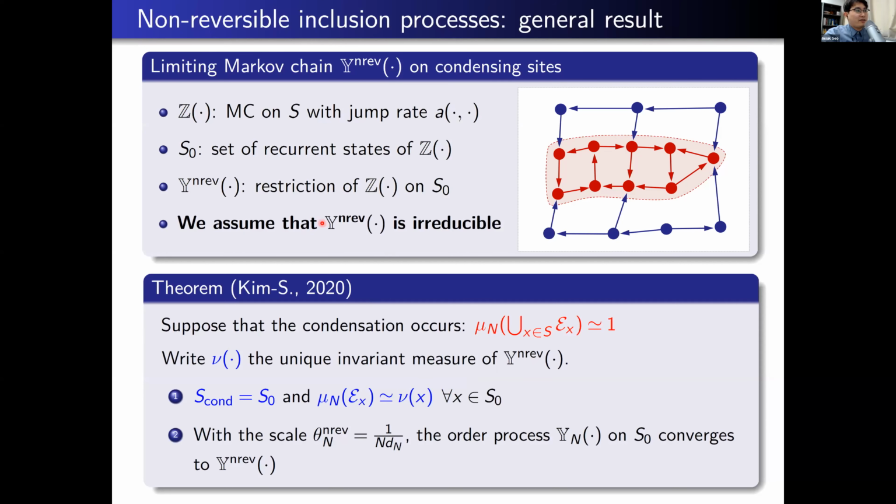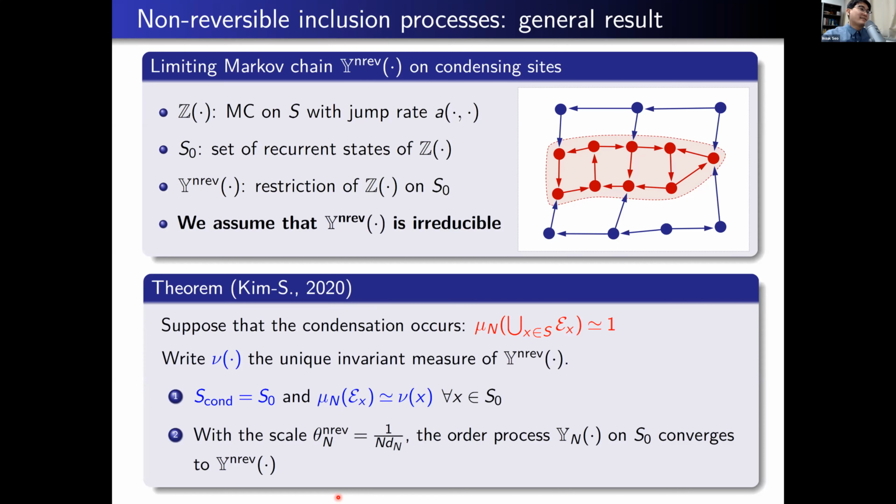You have a unique invariant measure as it is irreducible. If there are multiple components, then you don't have any idea about the limiting mass. And moreover, with this scale, as expected, the order process describing metastable behavior converges to this Y process.